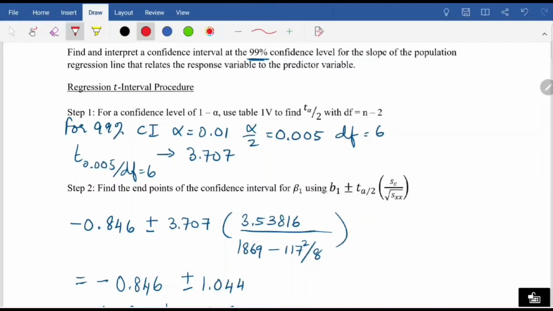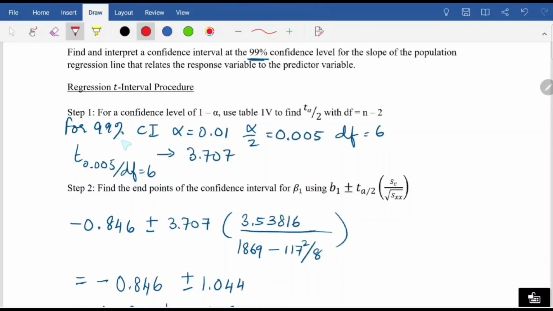All right, again, the overall process is the same as finding any other confidence interval, and we will see in the formula we will have already found most of the values that we need to plug into the equation when we were doing the hypothesis test. So let's quickly go over this. Step 1 is to find T of alpha by 2 with the DF n minus 2.